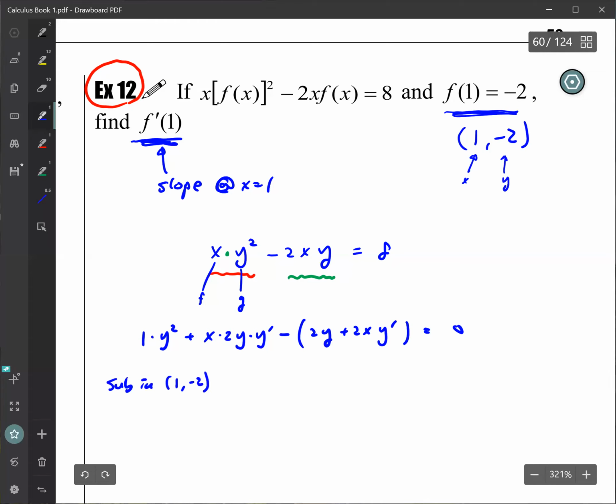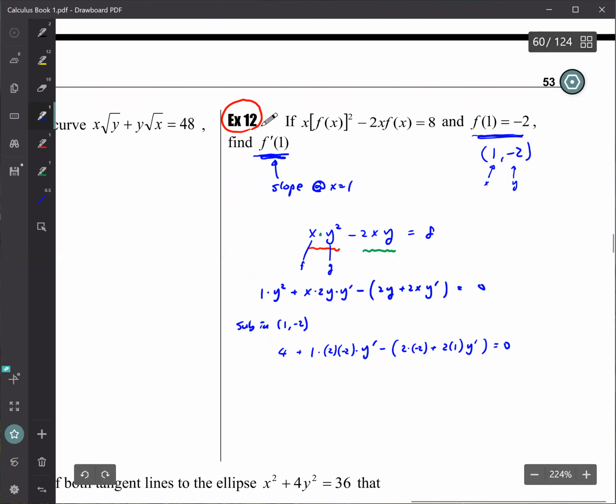After that, the y prime will be at that point. So I sub it in, that will give you a 4 plus 1 times 2 times -2 times y prime, 2 times -2 plus 2 times 1 times y prime. Simplify it, solve for y prime.